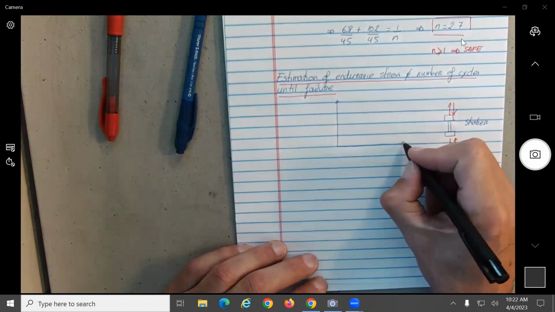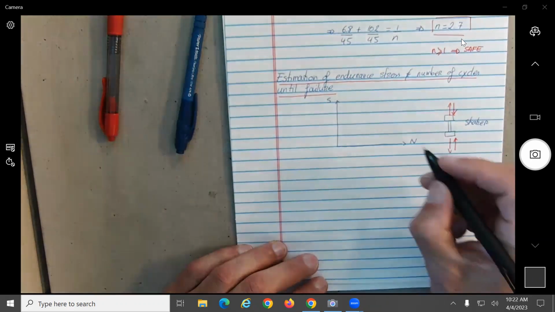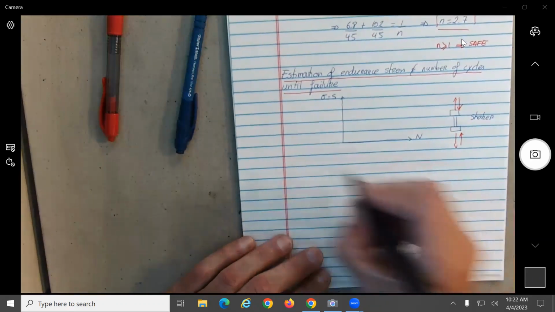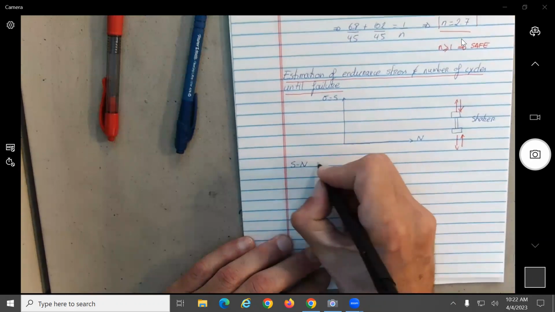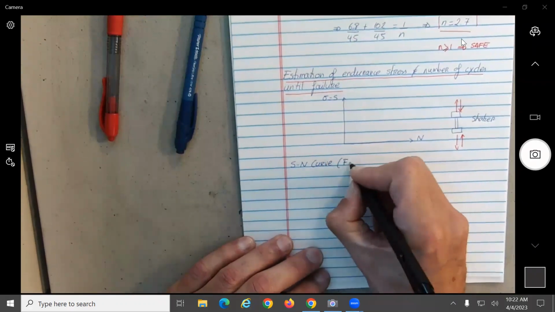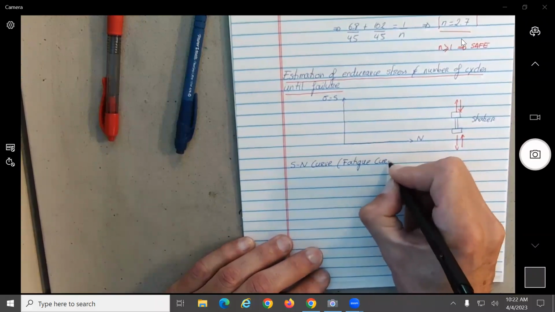From here, you can have a curve which is S, stress, or we can put sigma. So this is called the S-N curve, which, somebody mentioned before, is the fatigue curve.